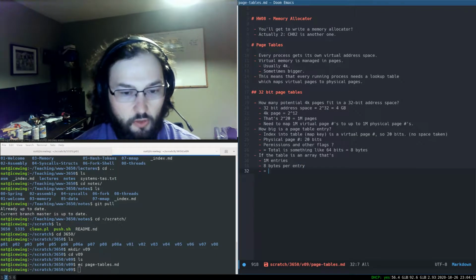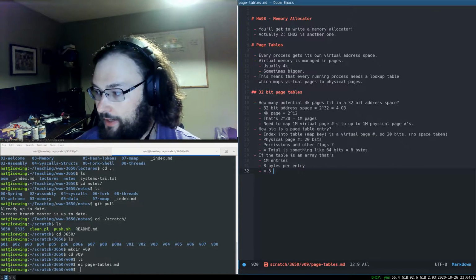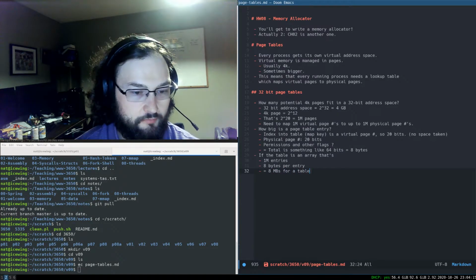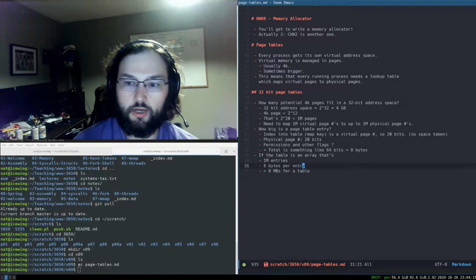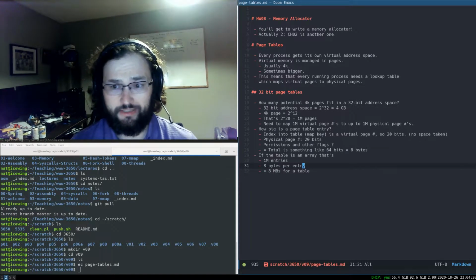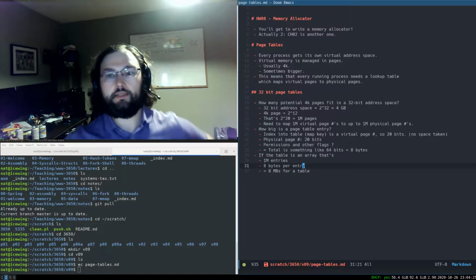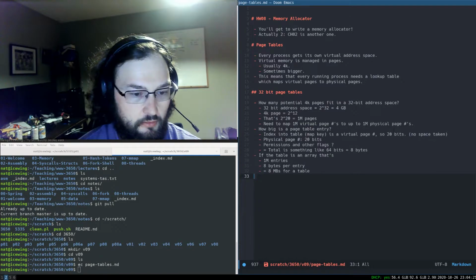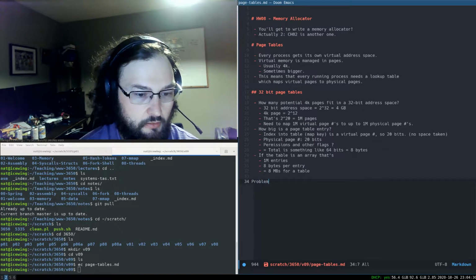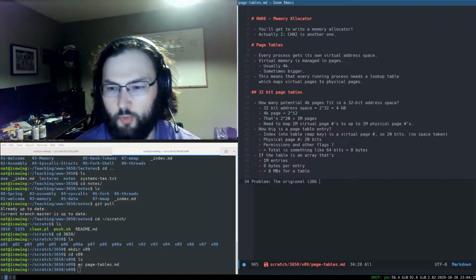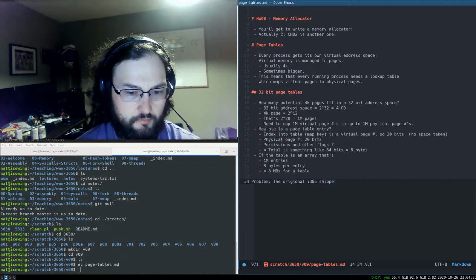So that's going to be a total of 8 megabytes for a table. And we need a table for every single process. This turns out to be a problem. This is actually a really serious problem for designing the system, because the original Intel i386 came with like 2 megs of RAM.